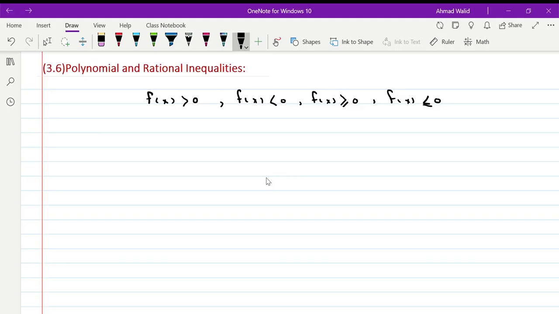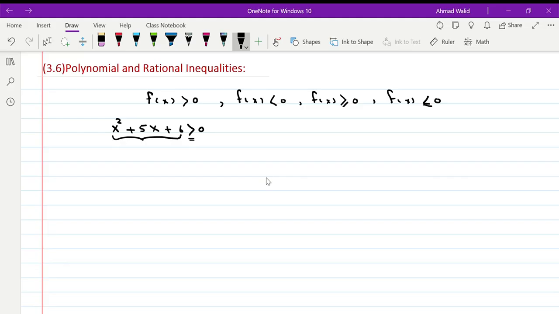Correct? To give you numeric examples, if I have x squared plus 5x plus 6 greater than 0, my left side is a polynomial, and I'm using one of these signs: greater than, less than, greater than or equal to, less than or equal to. I call these polynomial inequalities.